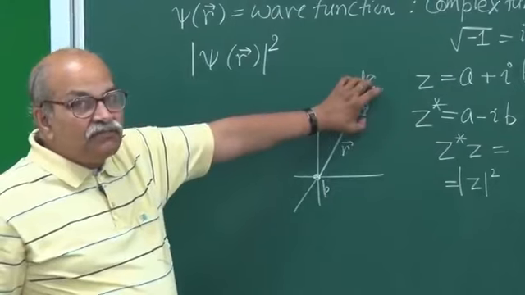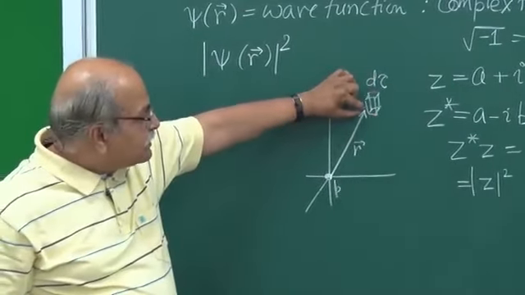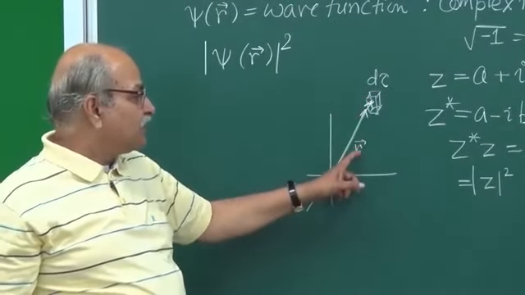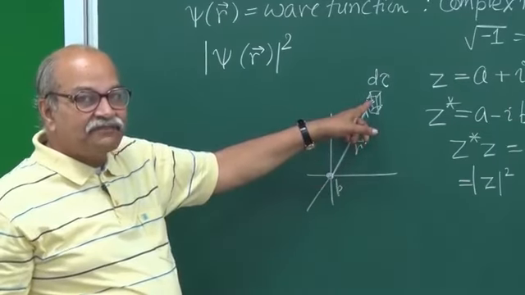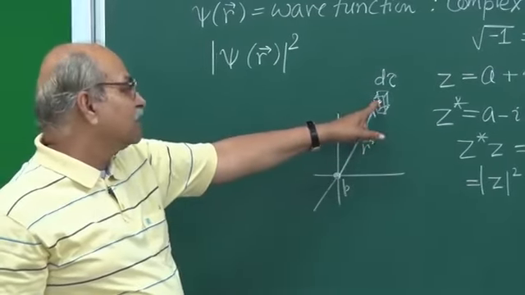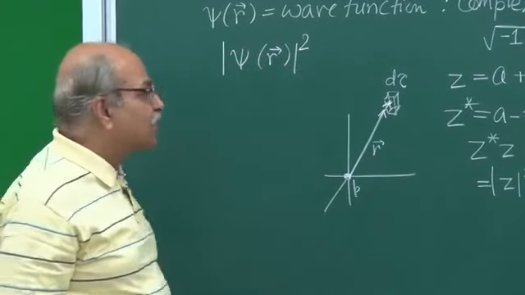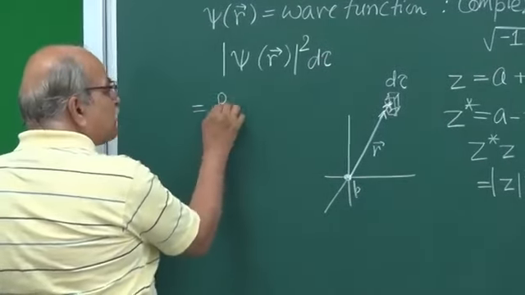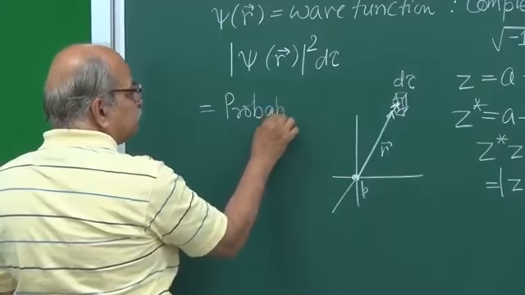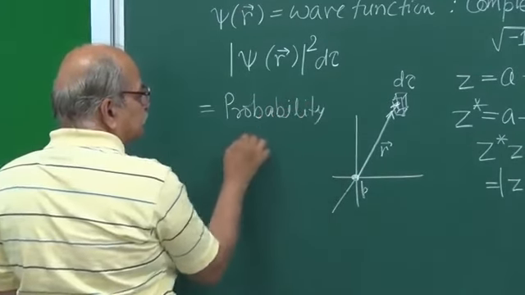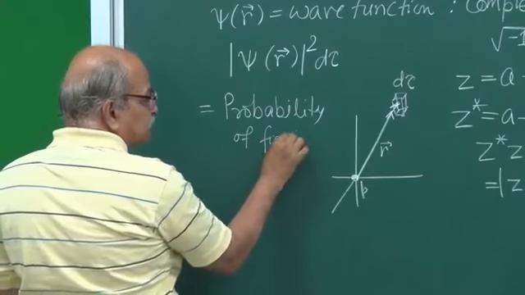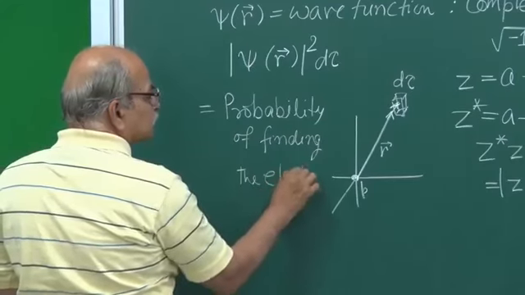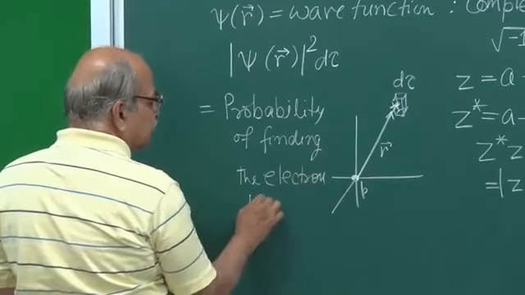So you have a small volume d tau constructed at this point, and that point has position vector r. So there is some value of this wave function here, that is psi(r), and make this mod psi(r) square multiplied by this d tau. This gives me the probability of finding the electron in this d tau.